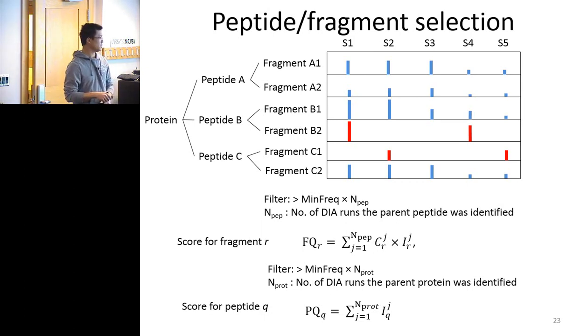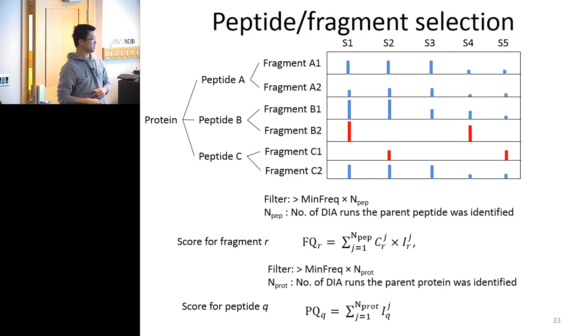The way that we do that is we score each fragment according to this equation. This equation is simply the intensity and also the correlation between this fragment and its parent precursor. When we do the feature detection, we calculate the correlation of the elution profile, right?